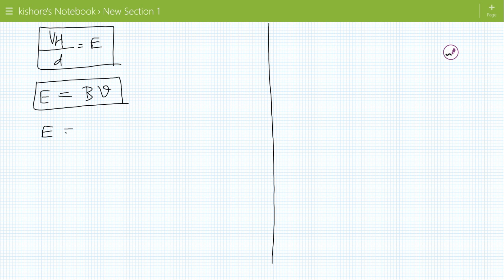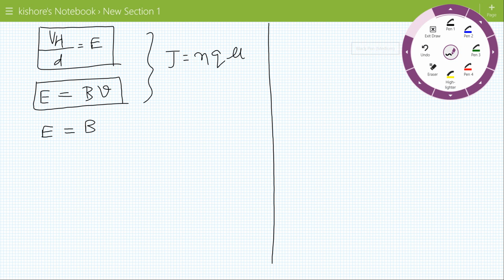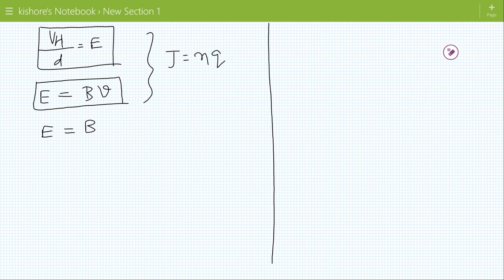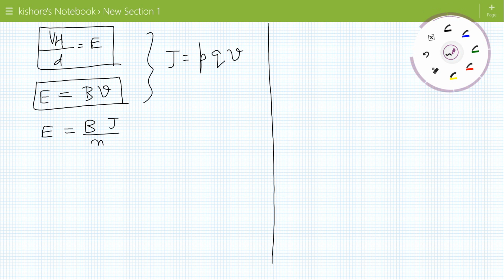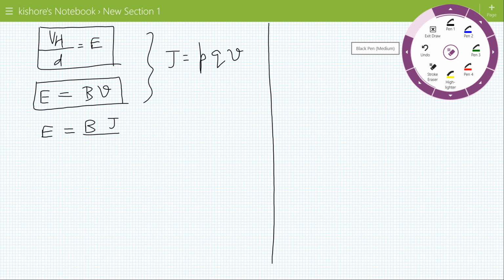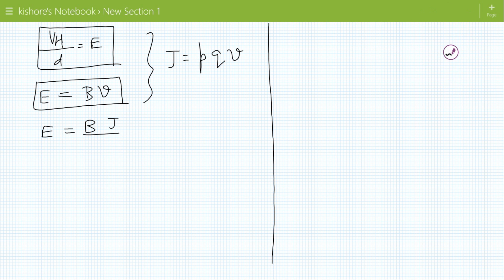Now if we consider holes, we have the expression for drift current density, J equals N Q V. So this V is J by NQ. For holes it is PQ.